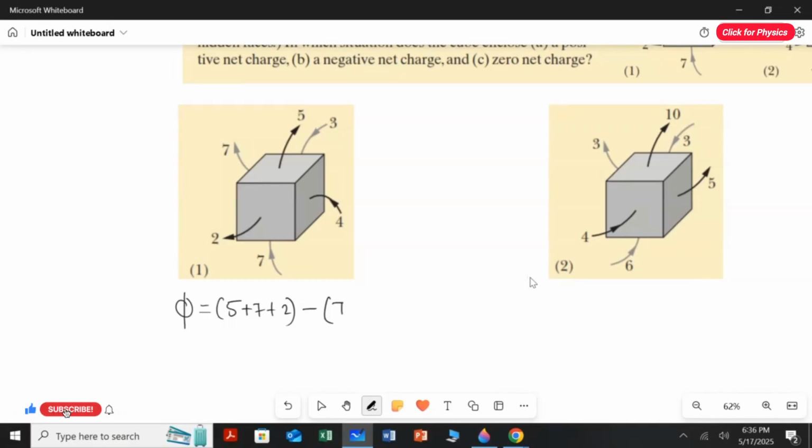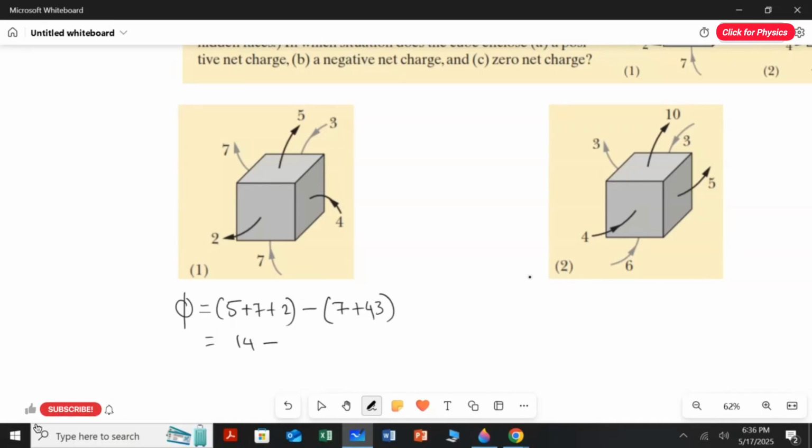So 7 plus 4 plus 3. These are all the flux entering the phase, and these are all the flux coming out of the phase. So I'm going to add now. 7 plus 2 is 9. 9 plus 5 is 14.